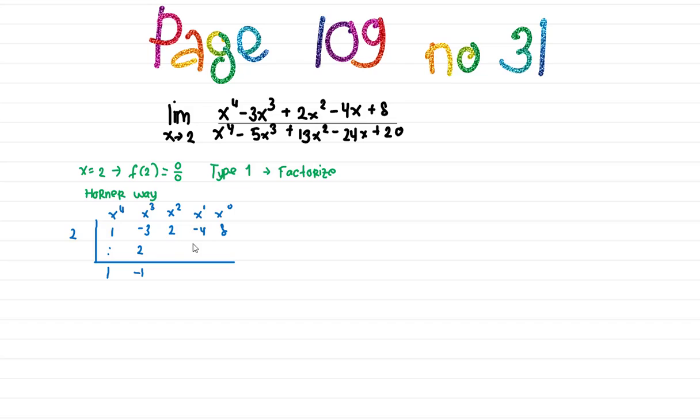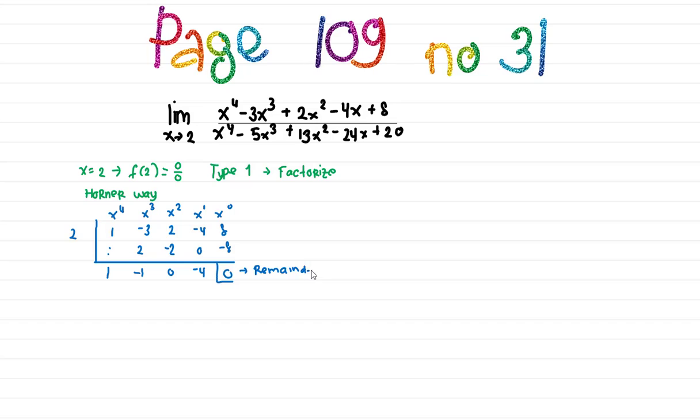Minus 1 multiplied by 2 becomes minus 2, and then the addition is 0. 0 multiplied by 2 is 0, and then I have minus 4. Minus 4 multiplied by 2 will be minus 8, and then here I have 0 for the remainder.